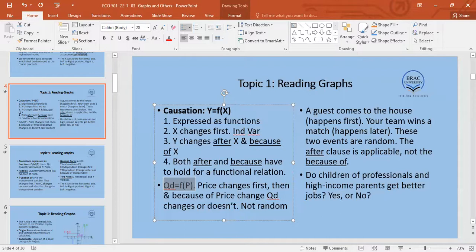So this relationship between the two variables is not random. Like our friend entered the room and then Shakib Al Hasan gets out. ঠিক আছে? For example, a guest comes to the house, first event, your team wins a match, second event. These two events are random. That's why the after clause and the because clause, আমরা এটা বসিয়েছি.